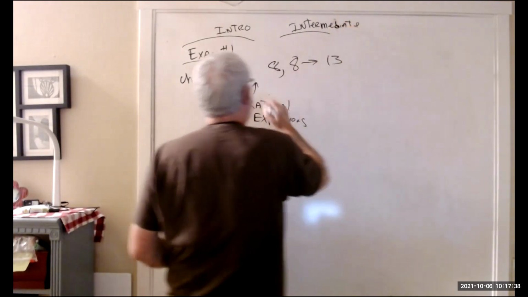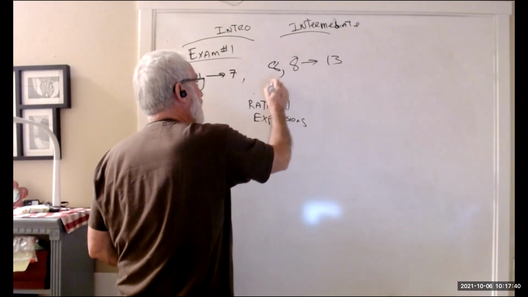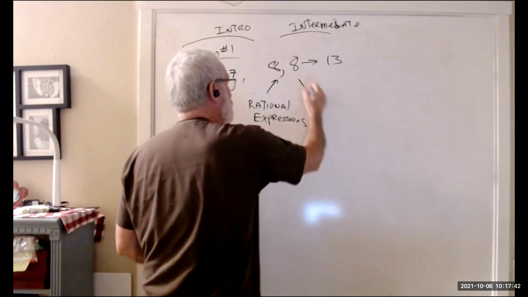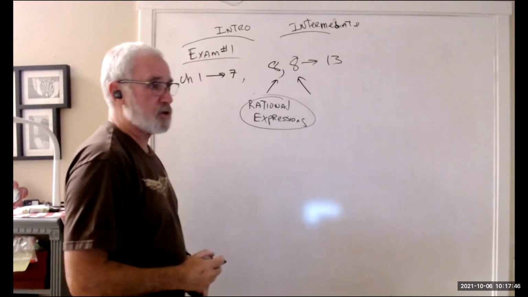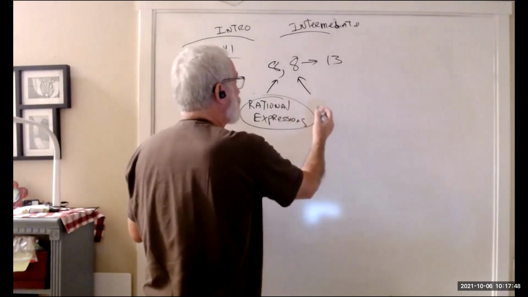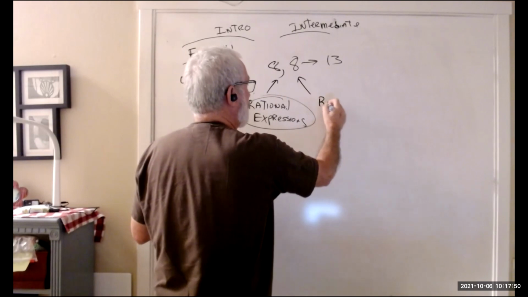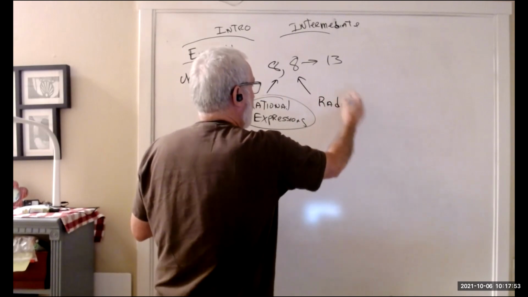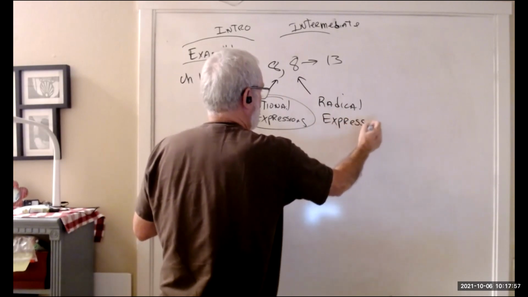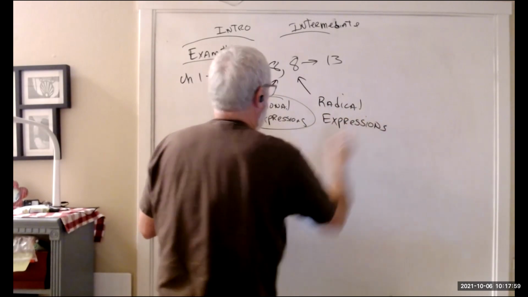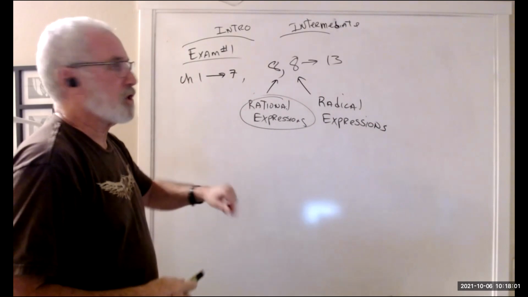But that's going to confuse us because we have 2 chapter 8s. We have a chapter 8 that's called rational expressions, and we have another chapter 8 that's called radical expressions. Again, why do we have 2 chapter 8s?